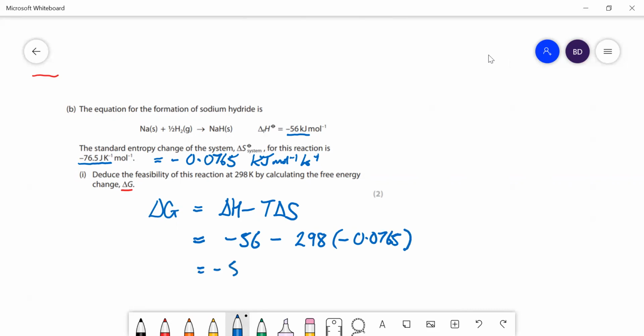That's equal to minus 56 plus 22.8, which is equal to minus 33.2 kilojoules per mole. So it's negative, and so the reaction is feasible.